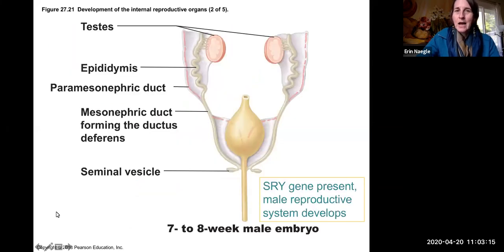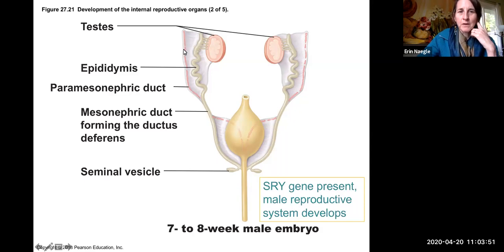For males, the opposite's going to happen. So when that SRY gene is present, now those mesonephric ducts, or those Wolffian ducts, develop, and this will become the epididymis. So the epididymis and then the vas deferens. So we have this continual tube between the testes and the epididymis and what will become the vas deferens. So these gonadal ridges in weeks 5 and 6 have now developed into testes.